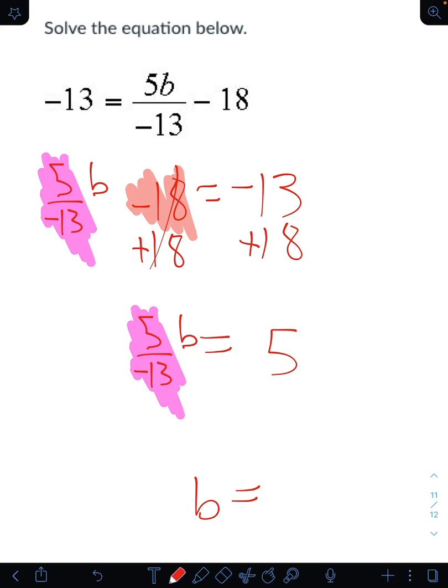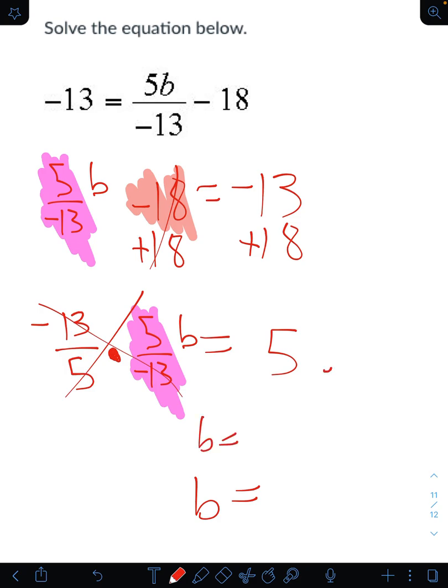So now we've got this. So now we need to multiply this by the reciprocal. So that means that 13 needs to go up here, and the other 5 needs to go down here. And that's a negative, so I need to make this a negative. So that'll cancel. Left with a b.